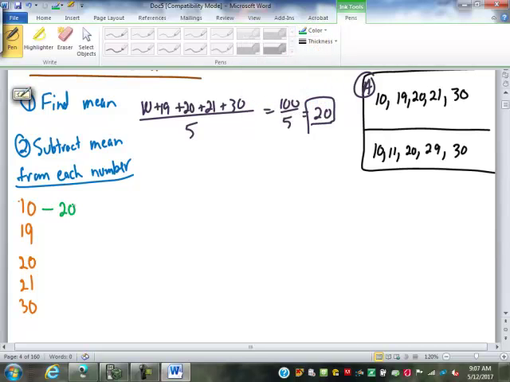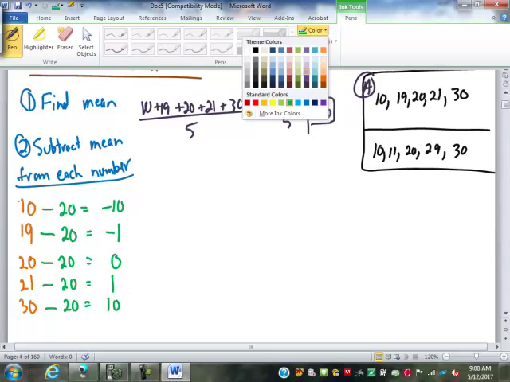So 10 minus 20 is a negative 10. 19 minus 20 is a negative 1. 20 minus 20 is 0. 21 minus 20 is 1. And 30 minus 20 is 10. So I've subtracted the mean from each number.